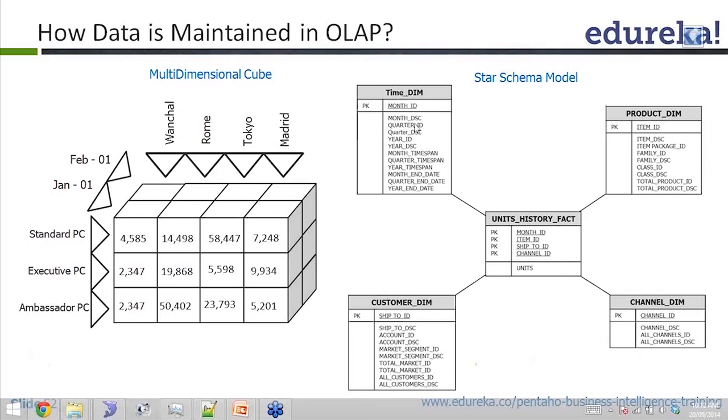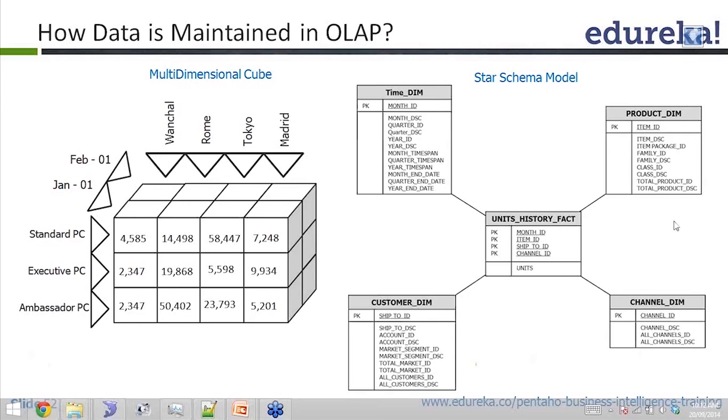The time dimension holds all time-related information, and you can have aggregated information like month, quarter, half year, year, all those. On the right top corner, you can see the product dimension. Then in the bottom right corner, you can see the channel dimension. So what is the channel source? Then in the left bottom corner, you can see the customer dimension, all the details of the customer.